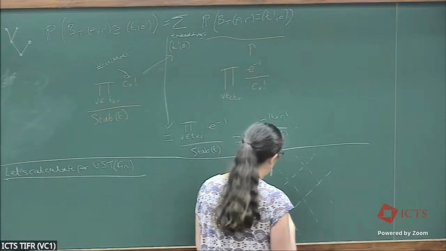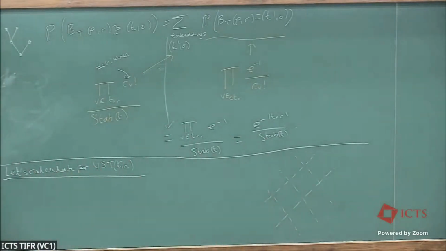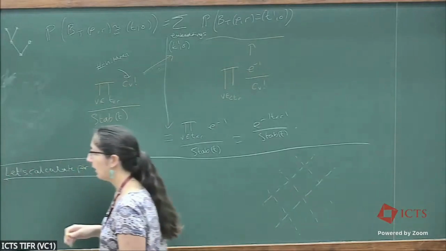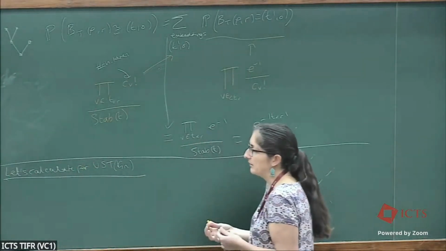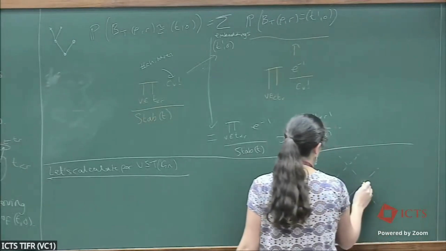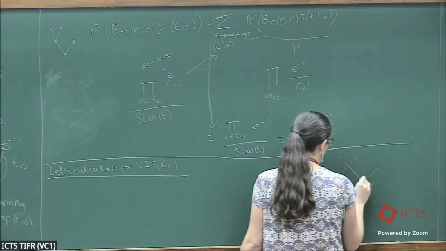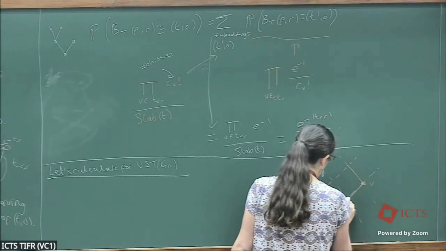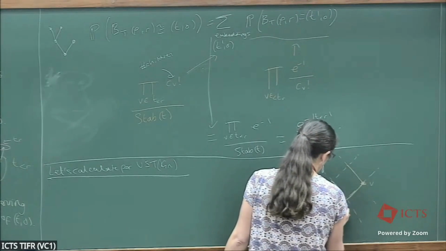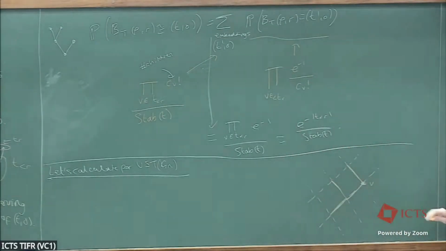I need to think about all the ways I can embed this rooted tree in my graph, and then sum over all the ways the probability that this way is exactly what I see as a ball of radius R. So for example, with the same tree, one way to embed it might be like this.